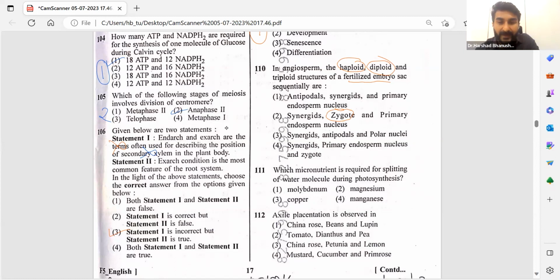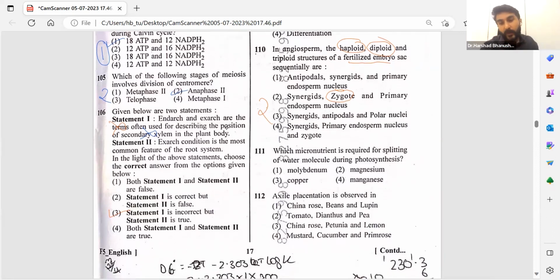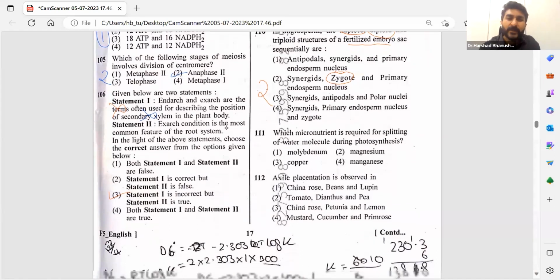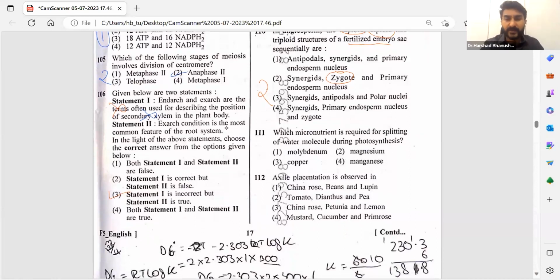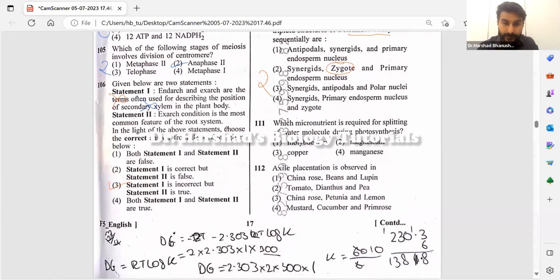And so I would mark this as our answer. The option number two would be our answer: synergids, zygote, and the PEN. Of course, it's not such a great question because in the fertilized embryo sac, the synergid does get used up. But we would mark synergid, zygote, and PEN because they have asked haploid, diploid, and triploid sequentially.